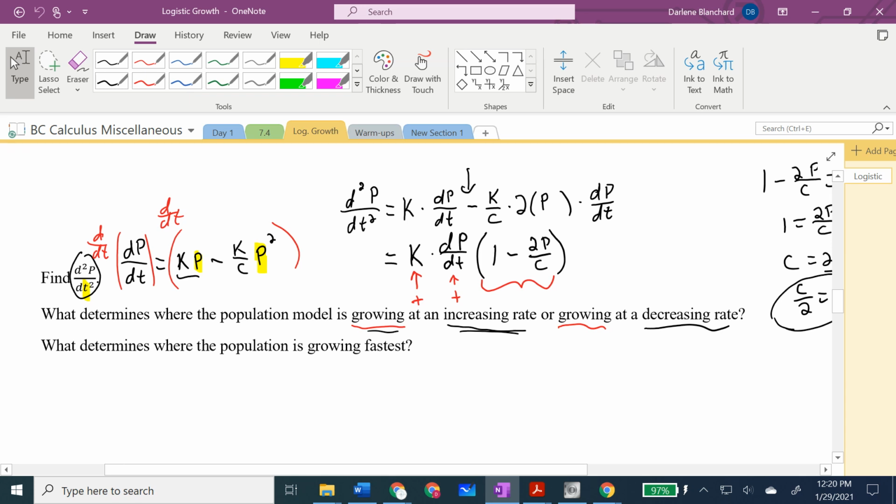Now, when problems like this have been asked on AP exams, they usually give you an initial population that is under half the carrying capacity so that it has not yet reached the point where it is growing fastest.